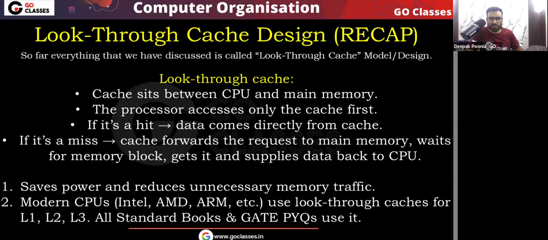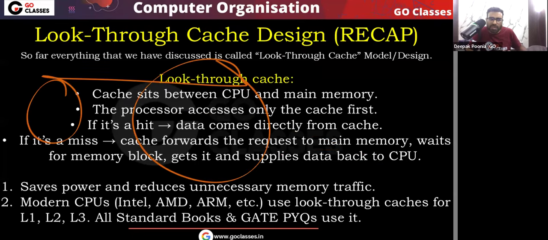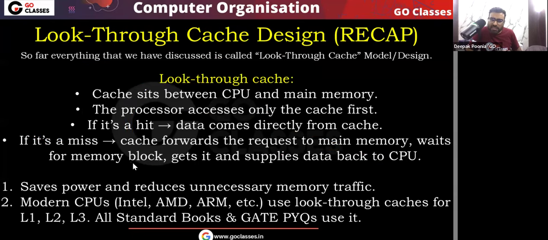Is this clear? Notice one thing, in the look through case, the main memory traffic is actually very less. What is the reason? Because CPU will access the cache memory. If the hit rate of cache memory is 90%, then 90% of the times CPU will access the cache memory, so 90% of the times CPU will not access the main memory. So the main memory traffic is very, very less.